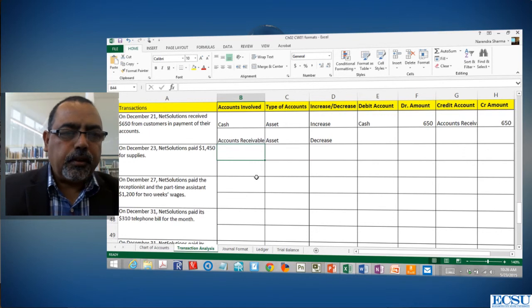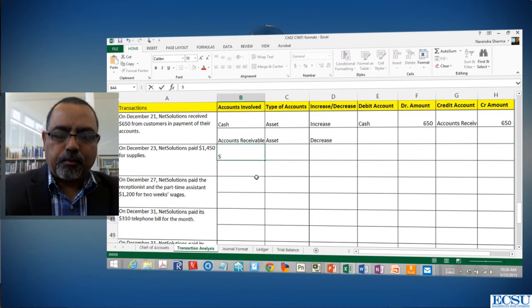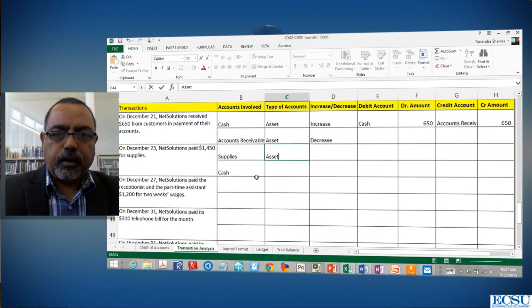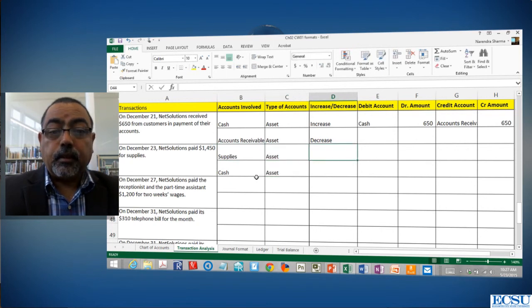Now on December 23rd, Net Solutions paid 1,450 for supply. So 1,450 was paid for supply. The two accounts are supplies and cash. Supplies is an asset, cash is an asset.